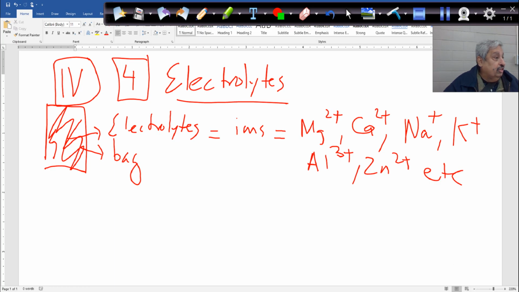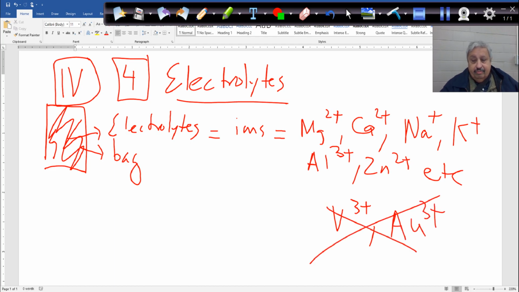But they don't put heavy metals there, not heavy ions. For example, they don't put vanadium or any of those heavy metals, or gold. Those are heavy metals, and they are very dangerous.